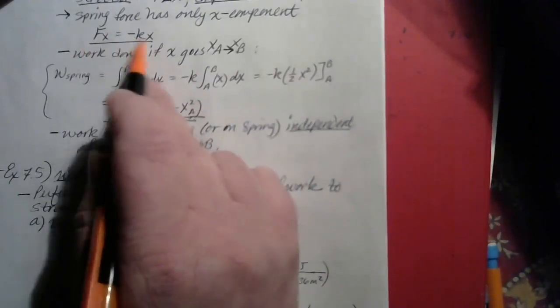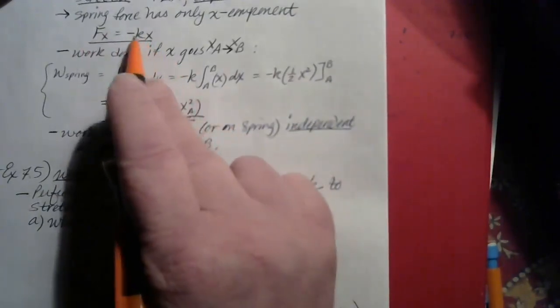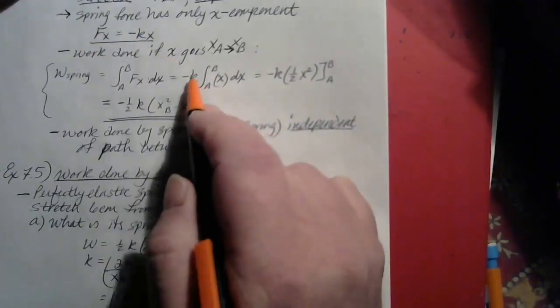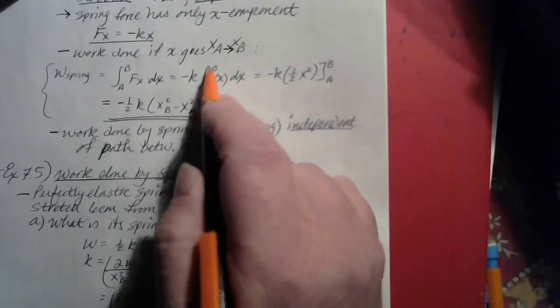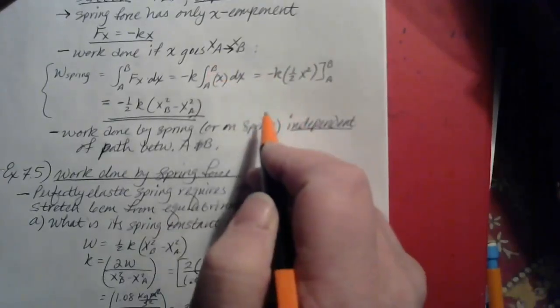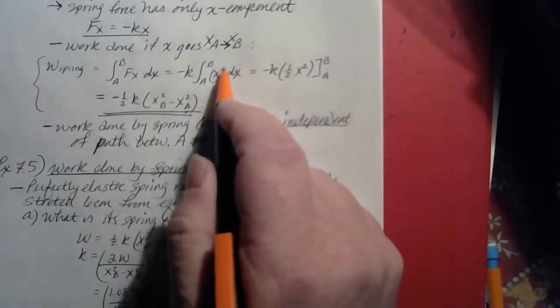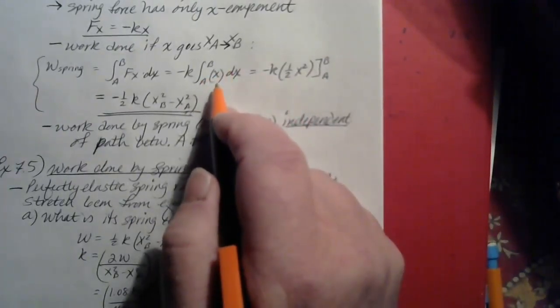F_x, again, is negative kx, and the k and the negative sign are both constants, so you can take those outside the integral. That would be negative k times the integral from A to B of x dx. And when you take the integral, again, you raise the exponent by 1 and divide by that number also.